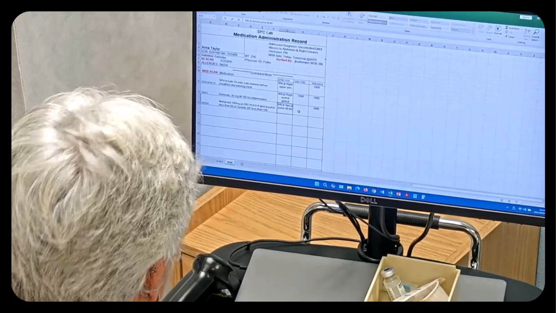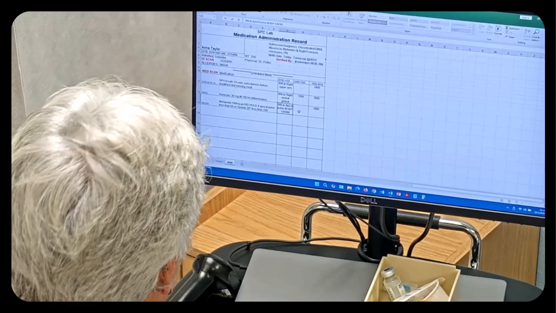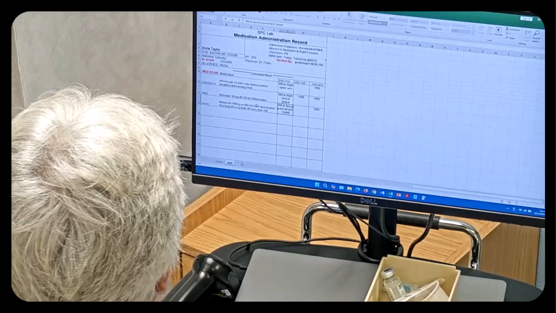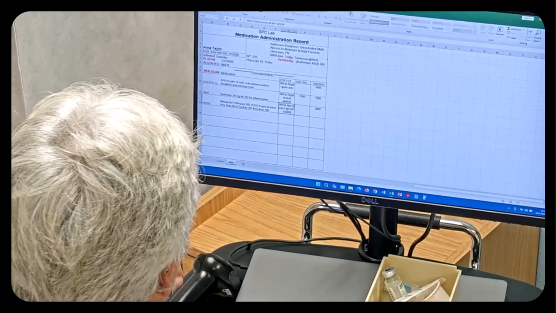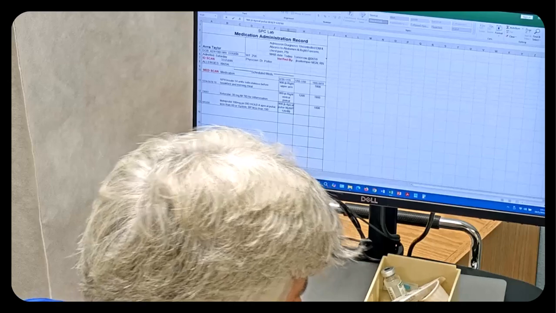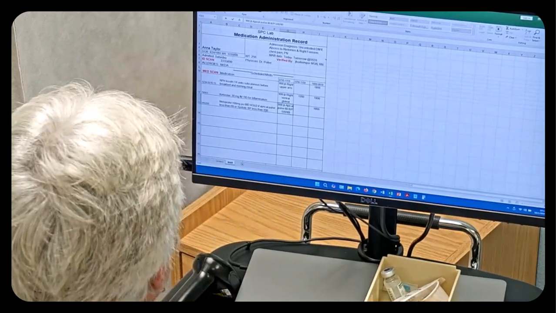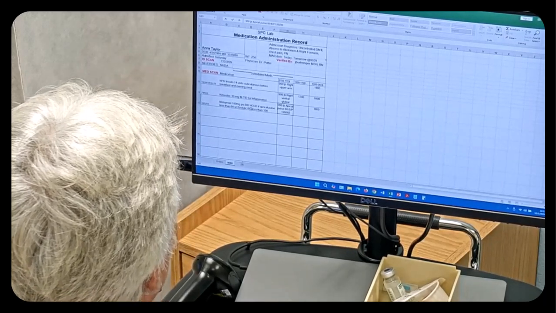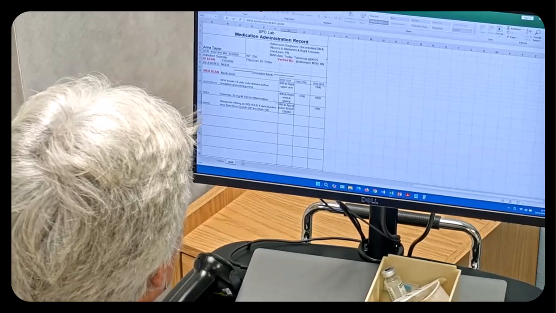My BP was 120/80, and all of that met the parameters of me being able to give it, because if it had been less than 60 apical pulse, I would not be able to give it, because metoprolol, a beta blocker, decreases the pulse, and then it decreases the blood pressure. So if the systolic blood pressure was less than 100, we would have had to hold it, but the systolic was 100, so we were able to give it.